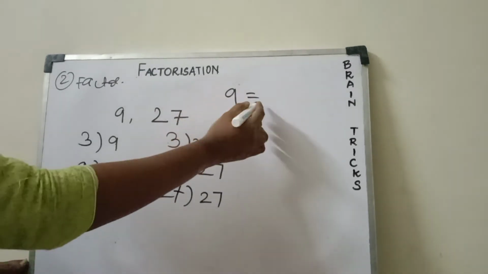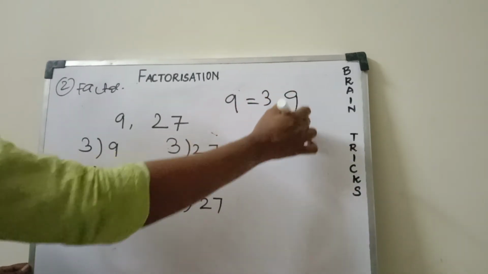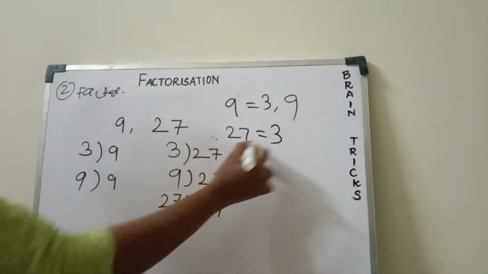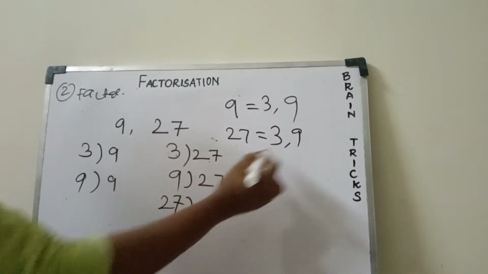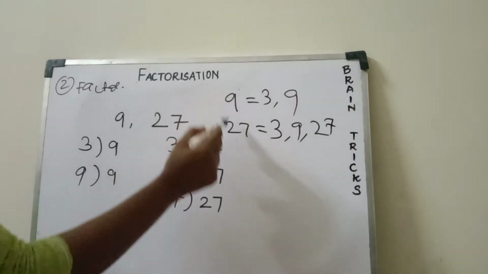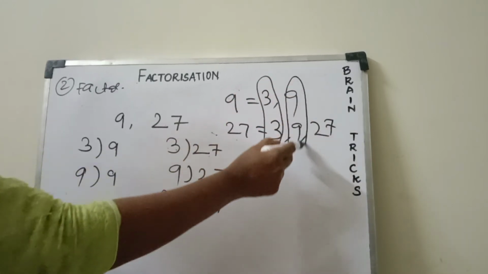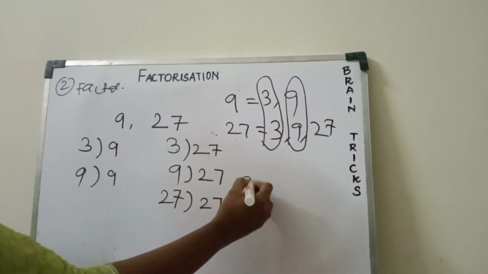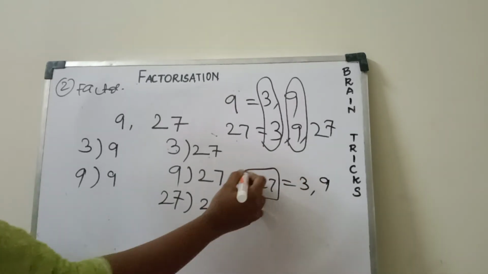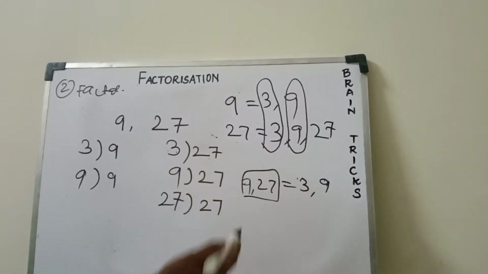So the factors of 9 are 3 and 9. Next, the factors of 27 are 3, 9, and 27. Look at this. What is the common factor of 9 and 27? Both numbers are divisible by 3, and both are divisible by 9. So the common factors of 9 and 27 are 3 and 9.